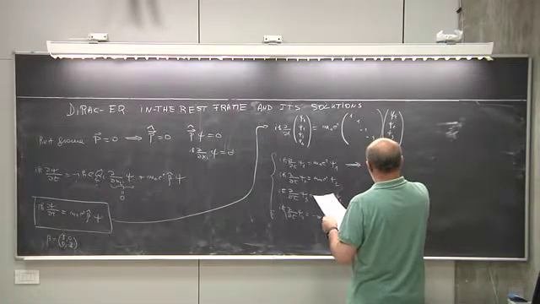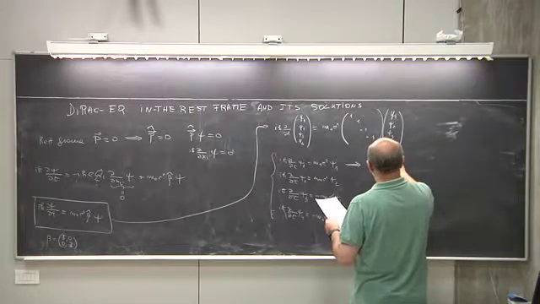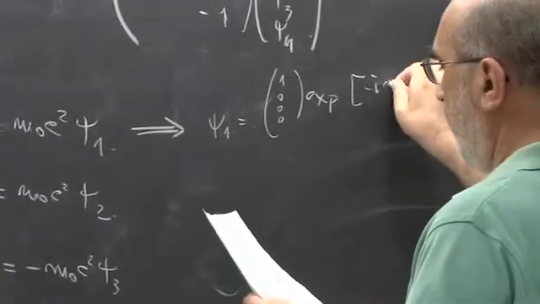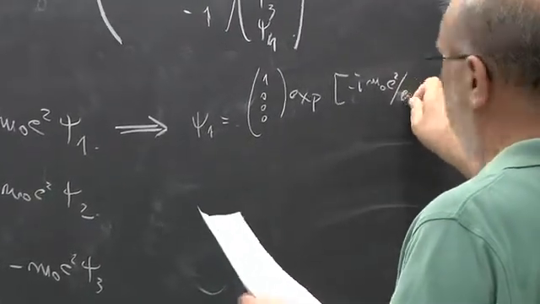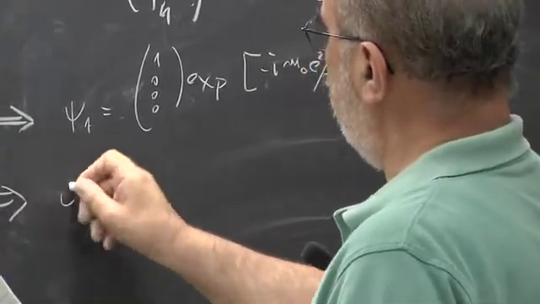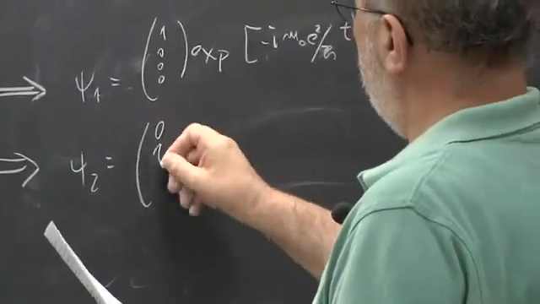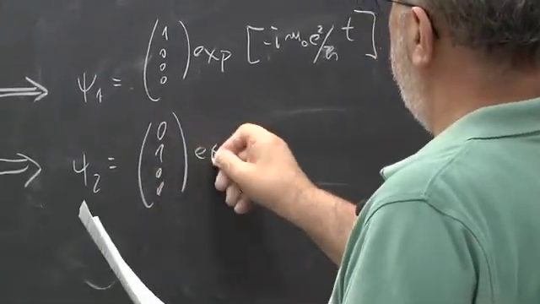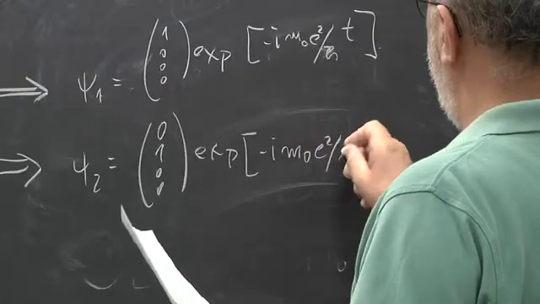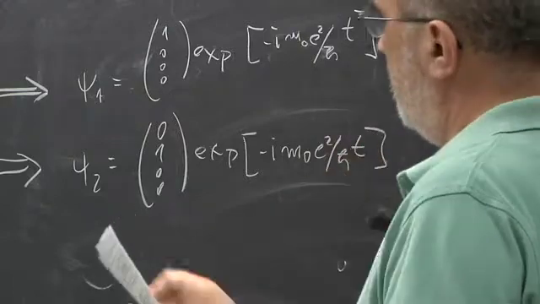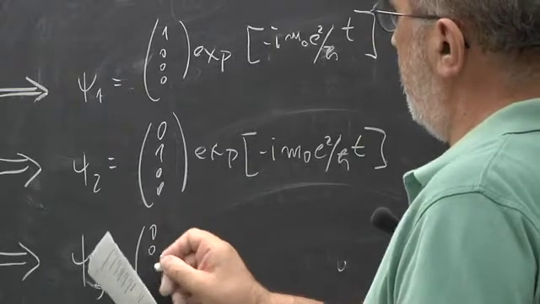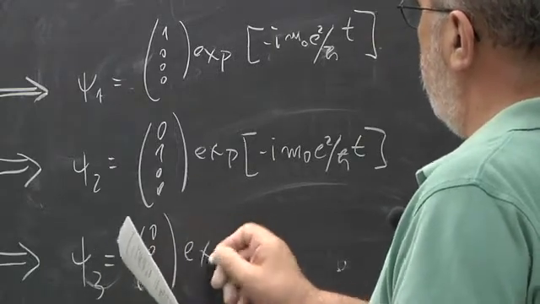ψ1, the solution of this, is (1, 0, 0, 0) times exponential of minus i m0 c² over ħ times t. The solution of this one, ψ2, is (0, 1, 0, 0) times exponential of minus i m0 c² over ħ times t. The solution of this, ψ3, is (0, 0, 1, 0) times exponential.